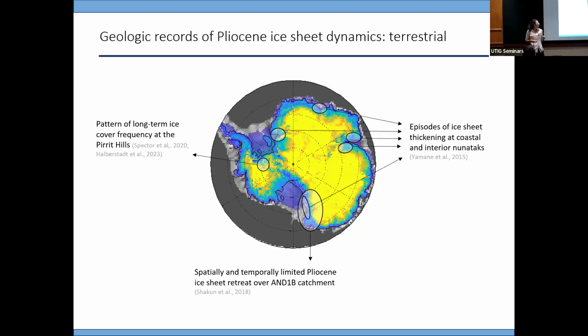Terrestrial records are sparse and equivocal, and I'm just sort of doing due diligence here, right? But I did look at the terrestrial data. Some cosmogenic nuclide mountaintop data tell us that there were some thickening events during the Pliocene. Some work that I did with Greg Balco during my postdoc takes a transect of cosmogenic nuclide measurements at a mountain peak and tries to recreate the ice cover history.